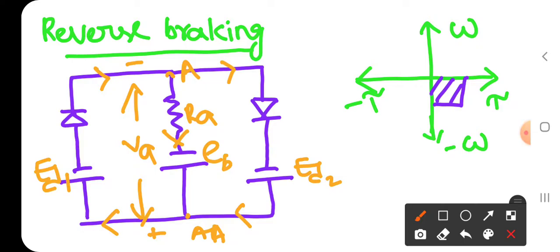Yes, write the same thing. In this quadrant, the torque is produced in clockwise direction, that is positive, and the motor is running in anti-clockwise direction, that is negative.